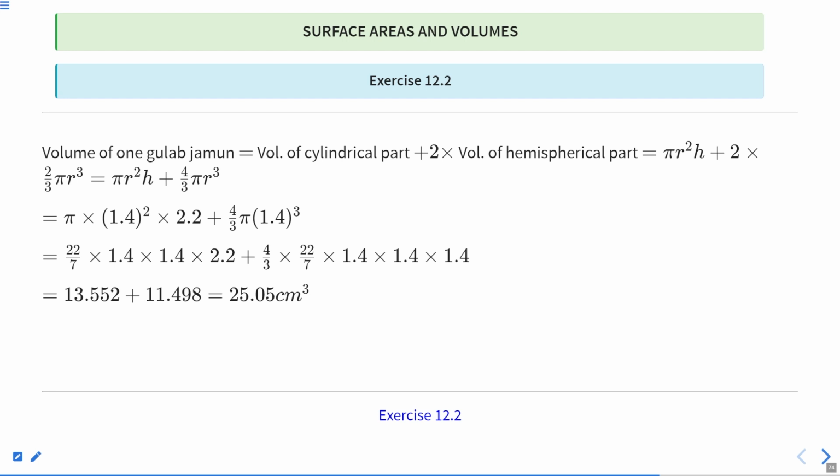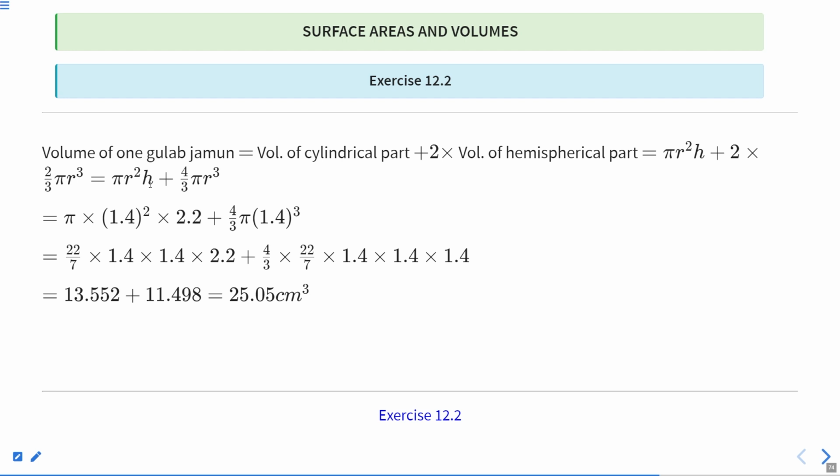And the volume of the hemispherical part is 2 by 3 times pi r cube, where r is the radius of the hemispherical part. So the volume of one gulab jamun is pi r square h plus 2 times 2 by 3 pi r cube, which is equal to pi r square h plus 4 by 3 pi r cube.